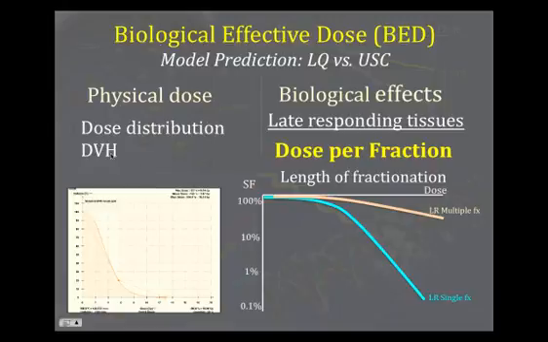We do have very precise information on the physical dose that we actually deliver to the tissue, but the biological effect we don't know. And it's important to notice that for late responding tissues such as the brain, the dose per fraction of radiation is very, very important, even more so than the total length of fractionation. That's the gain that we have, as I already discussed with you before.